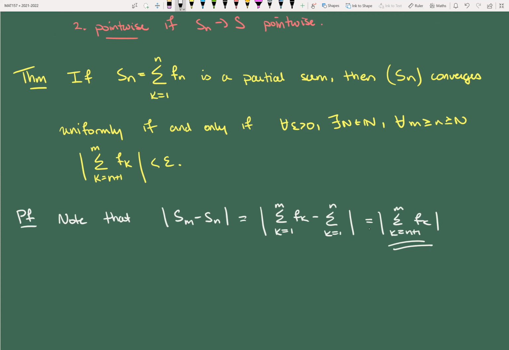And so this condition is precisely the statement that the S_n are uniformly Cauchy, right?